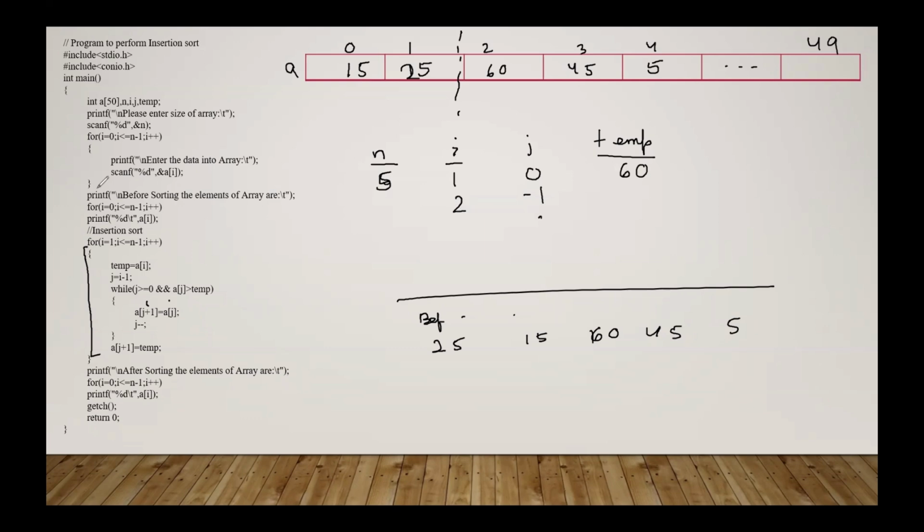If it is 2, then 2 minus 1, that is, the j value right now is 1. Then while j is greater than or equal to 0, 1 is greater than or equal to 0. Yes, it is true, then we have to check the next condition. a[j] means a[1]. a[1] is greater than the temp value.